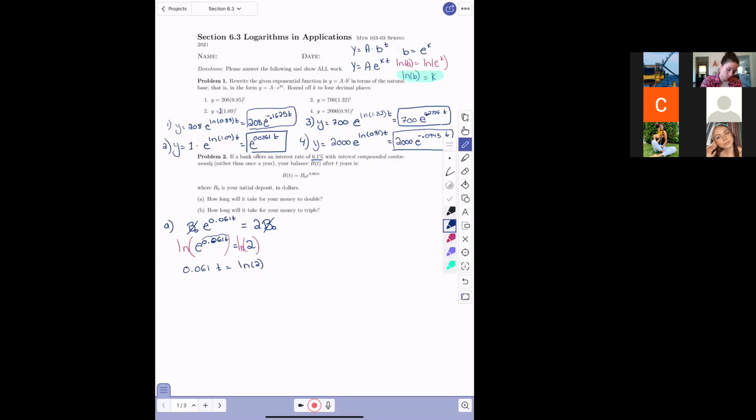So now from here, divide both sides by 0.061. So t is equal to the natural log of 2 divided by 0.061, which is about equal to what? Someone plug that in their calculator and let me know what you get.